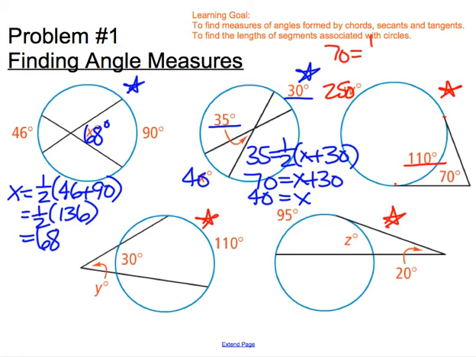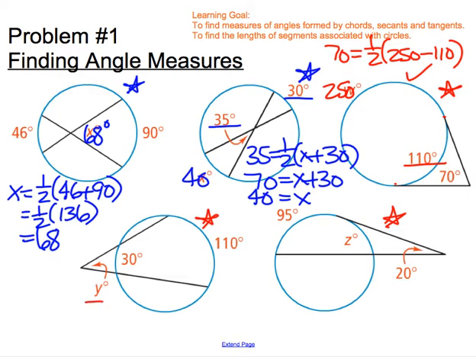We have 70, the outside angle, is going to be half of the difference between 250 and 110. If you subtract, you get 140, and half of 140 is in fact 70. So the formula does work. The nice thing about two tangent lines, though, is it gives us the entire circle. So if we're given one of them, we can figure out the other one by subtracting from 360.